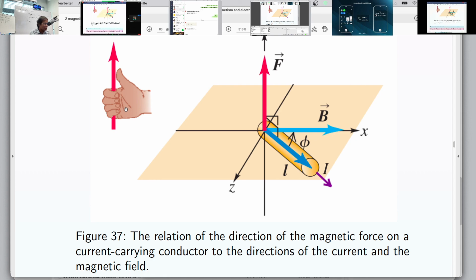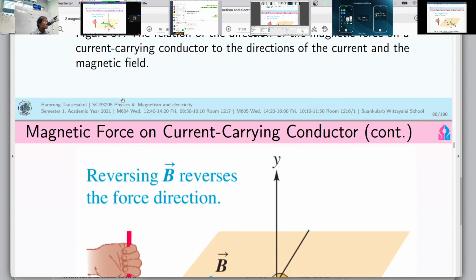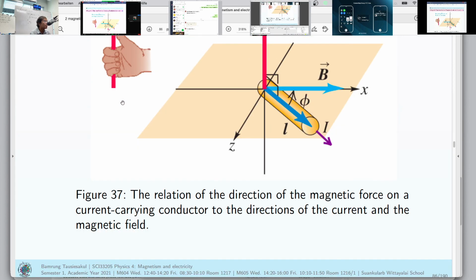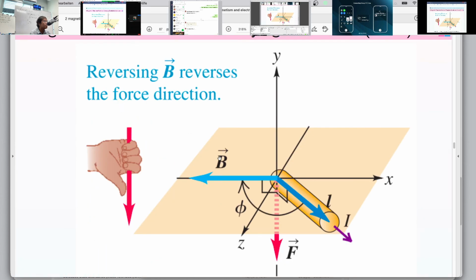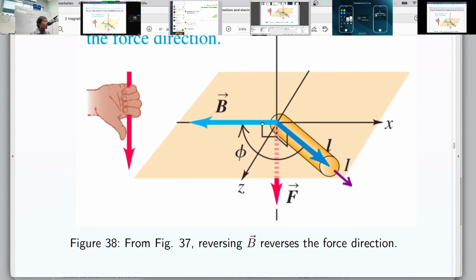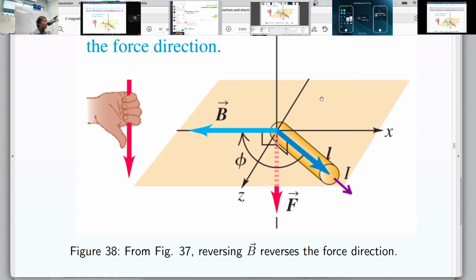You have the result or the outcome from this situation. Now in order to better understand, we will have some problem to practice. When the angle phi is greater than 90 degrees, what happens? In this scenario, you have angle phi greater than 90 degrees.